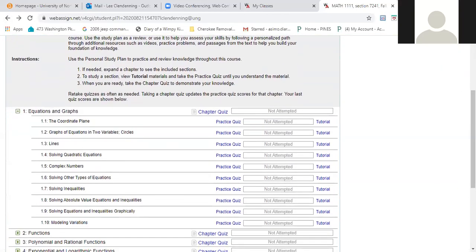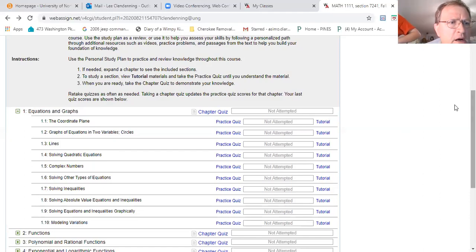Are we just supposed to do the practice quizzes? Only the practice quizzes. And then when is the chapter quiz? I'm not going to assign the chapter quiz. Are those never going to be assigned, just the practice quizzes? I don't plan to assign the chapter quiz. If you want to do them for your practice, help yourself. But no, I'm only going to assign the individual practice quizzes.